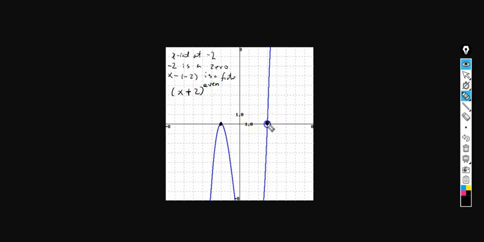And then here we have 1, 2, 3, we get an x-intercept at 3. And so 3 is a 0, which means x minus 3 is a factor.